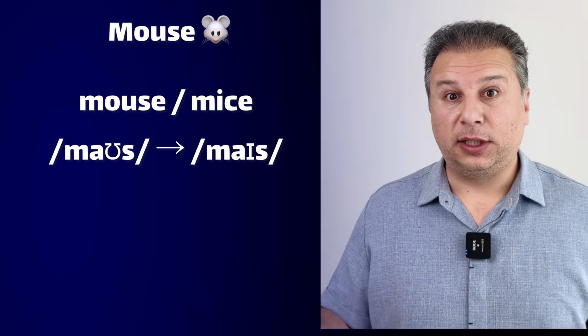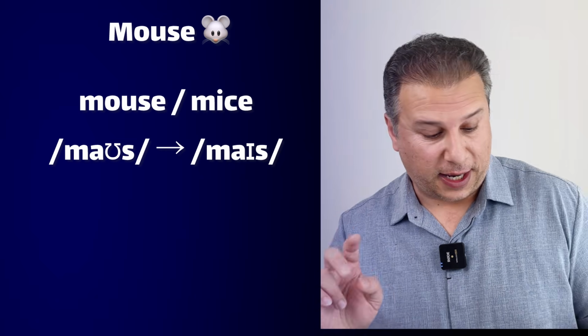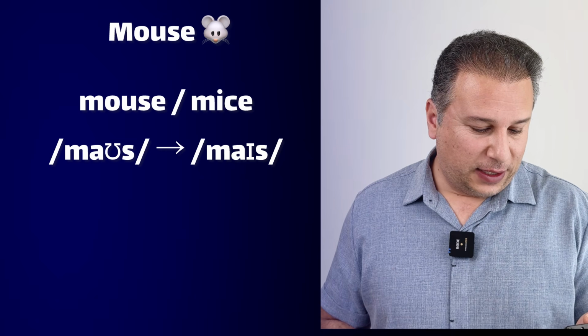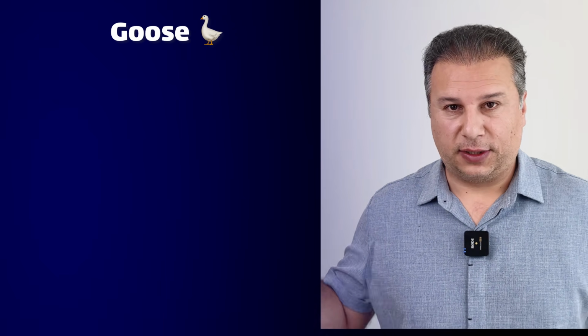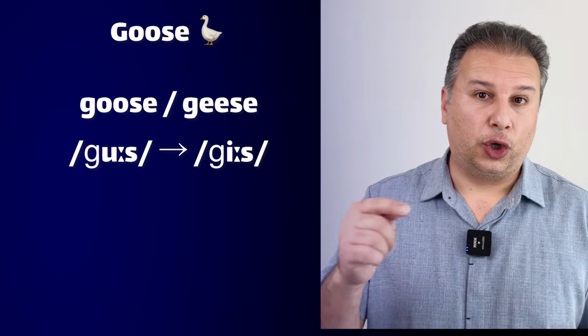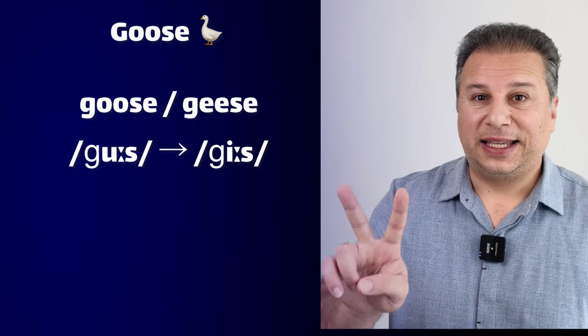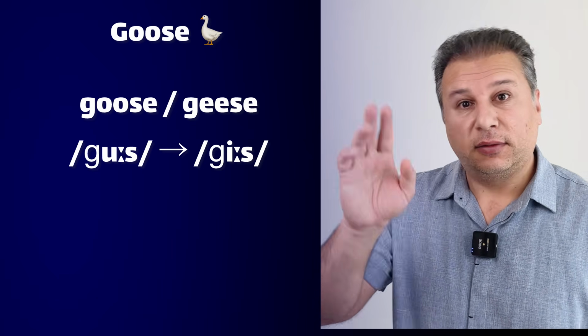It completely changes. Mouse, mice. Number 19, goose, the word, the bird, a kind of bird. Goose is geese. Goose, one goose, geese. Some geese are flying in the sky.